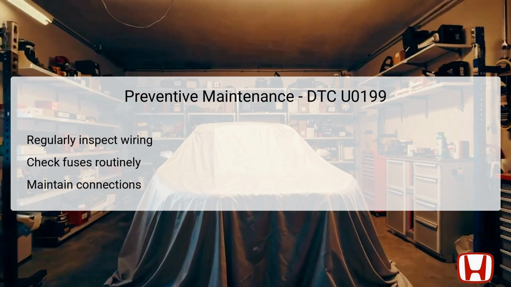Furthermore, ensuring that all electrical connections remain clean, tight, and free from corrosion can prevent potential electrical issues. Such measures help support the longevity of the vehicle's electrical systems, enabling a more reliable ownership experience.